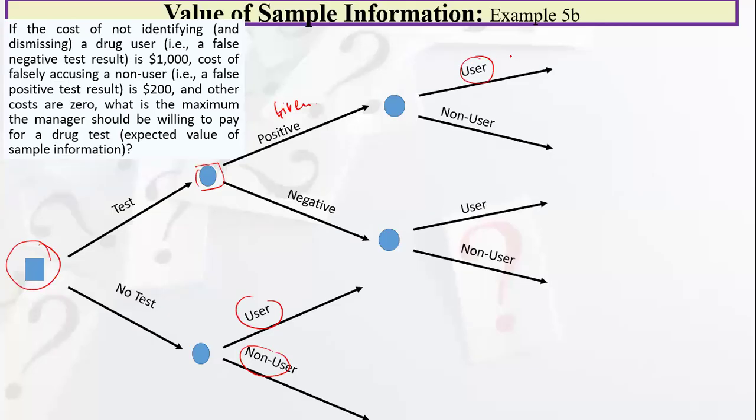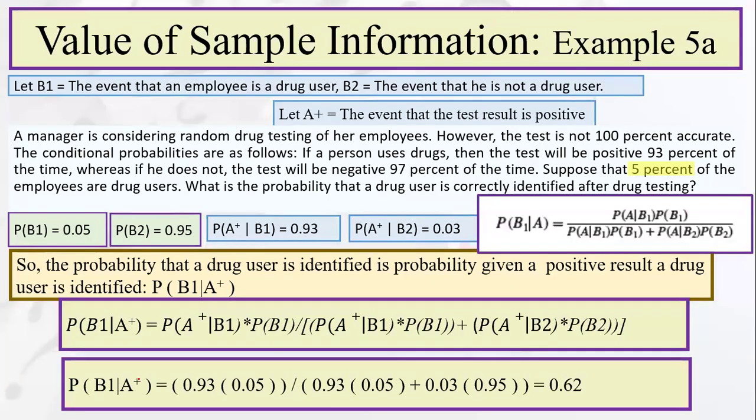This is the condition that you got. Probability of the user given positive. So you tested positive, is he really a drug user? So 0.62. Earlier we found it: positive is a drug user, 0.62.